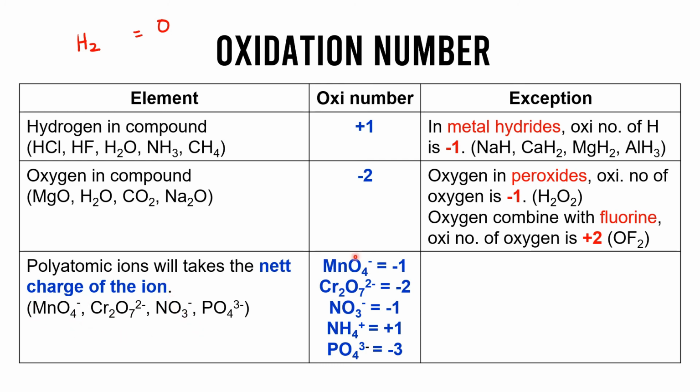For example, the oxidation number for the whole ion here is -1. Why? Because we refer to this value on top of the structure. Cr2O7 2-: the oxidation number for the whole ion here is -2, and so on.